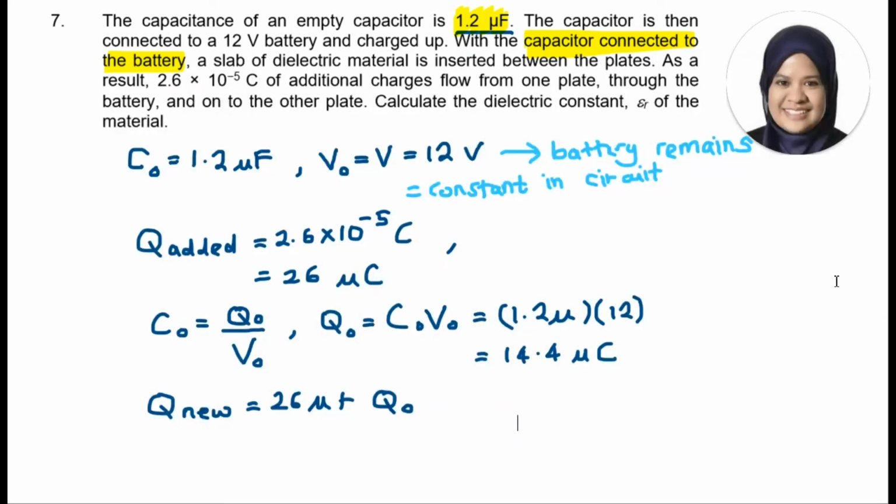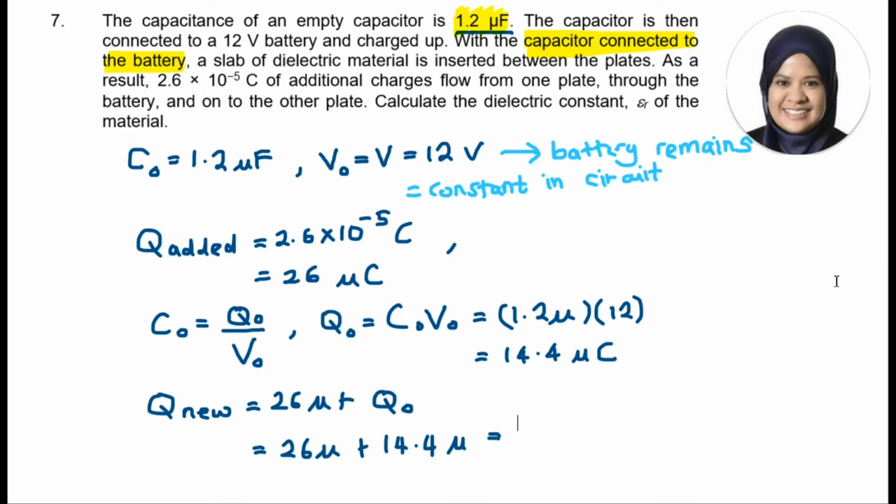So my Q0 adalah 14.4 microcoulomb. So my new Q after the dielectric has been inserted, 26 micro plus 14.4 micro to be equals to 40.4 microcoulomb of charge.